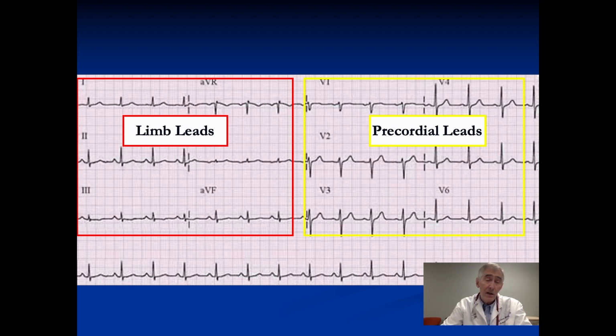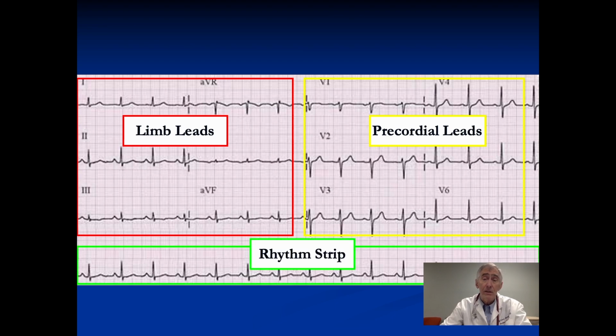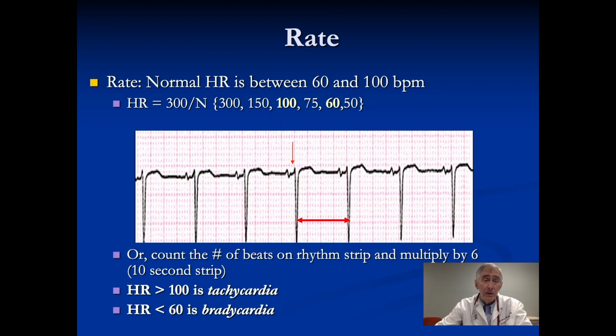Now, when we start looking at the EKG, we start by looking at the rate. There are various ways of counting it. The standard way is the RR interval and the number of big boxes within that interval.